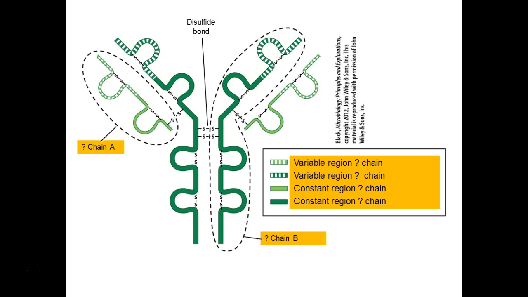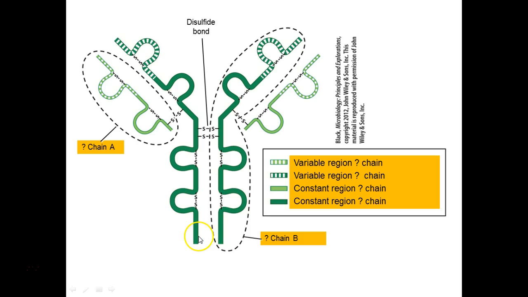So these are proteins, right? But you actually make 2 different proteins and you make 2 copies of each. So what's denoted here, this big long stretch, is one long protein, and this is an exact copy on the other side.